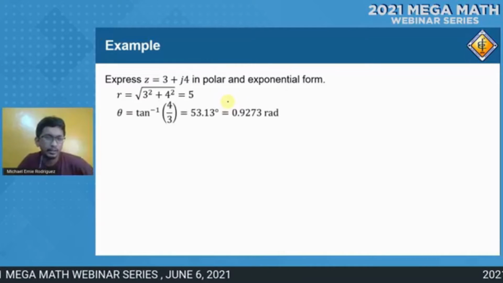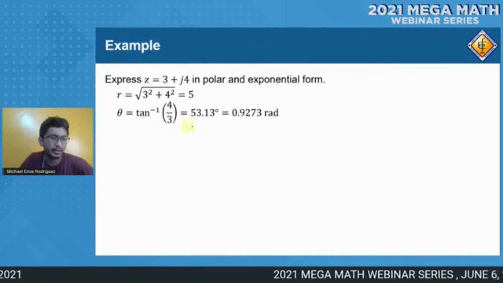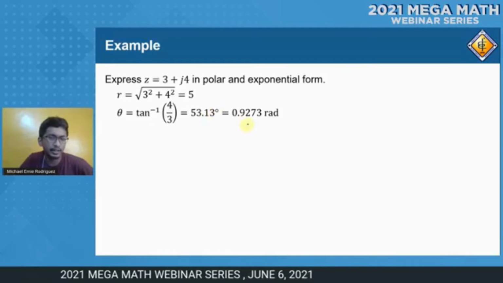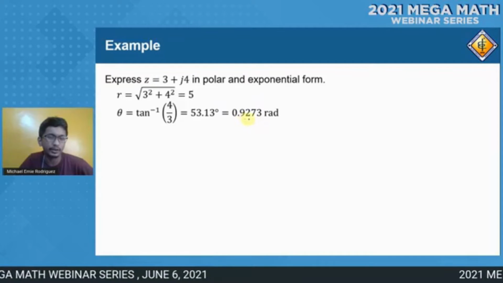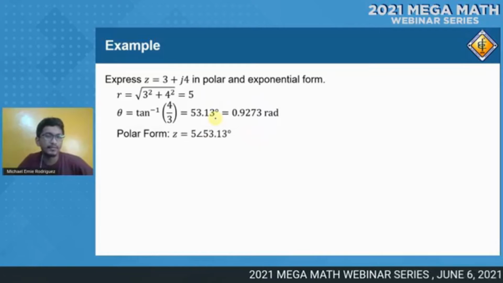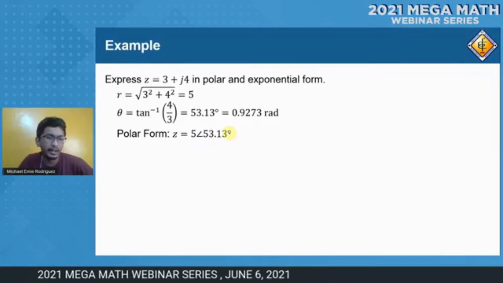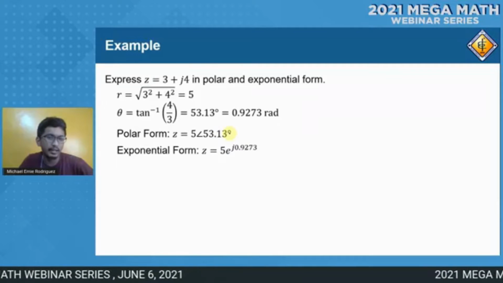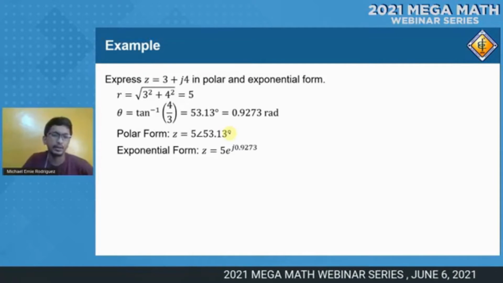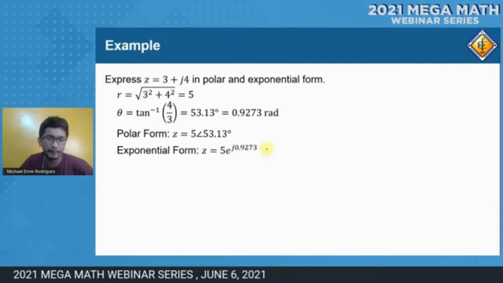The angle is arctangent of y over x, 4 over 3, equal to 53.13 degrees, or 0.9273 in radians. So in polar form, z is equal to 5 bar angle 53.13 degrees, and in exponential form, z is equal to 5 e raised to j 0.9273.